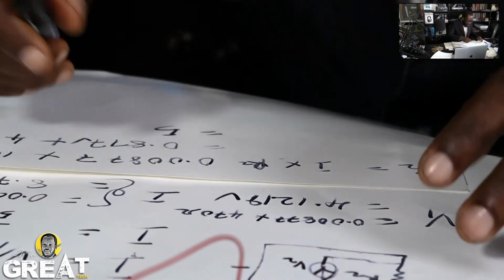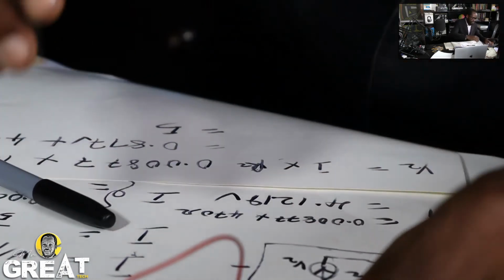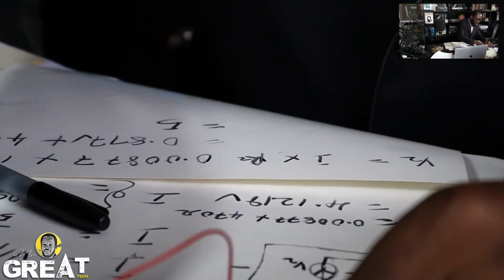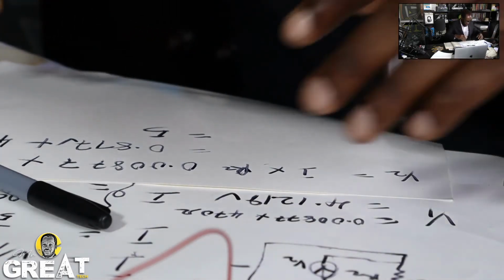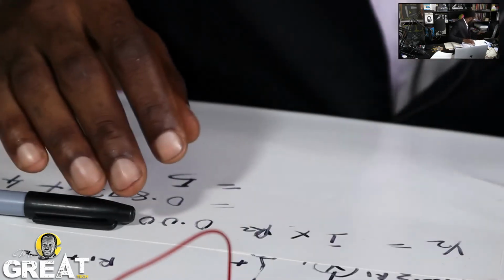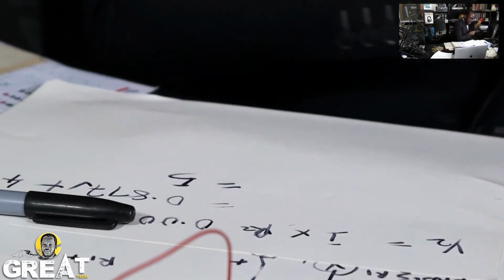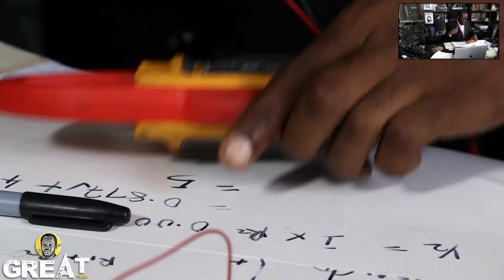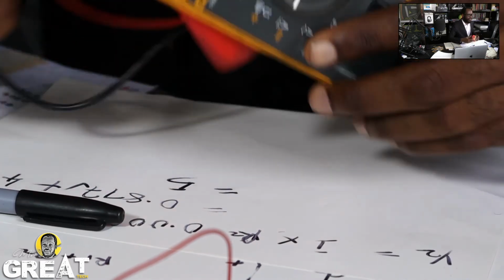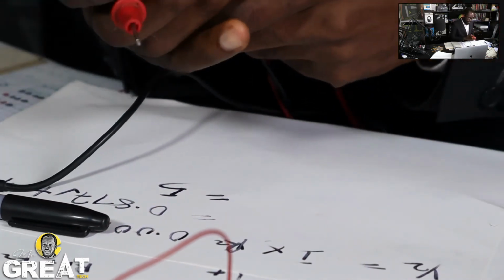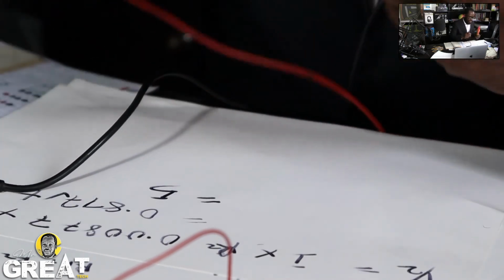So let's see the voltages across these and see whether what we got in our calculation is the same thing we get with our voltmeter. Let's read it with our voltmeter. So now I have my voltmeter set in DC volts.